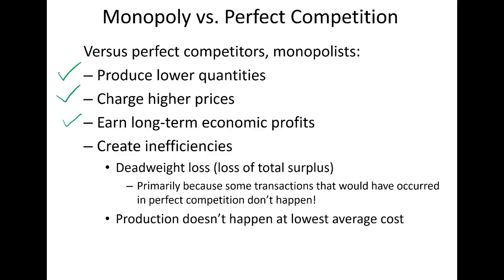Monopolies also earn long-term economic profits, unlike perfect competition, where we know economic profits equal zero in the long term. So that's another key difference between monopoly and perfect competition. And then there are these two sets of inefficiencies that occur with monopolies, and I'm going to go back to the prior slide to show that.